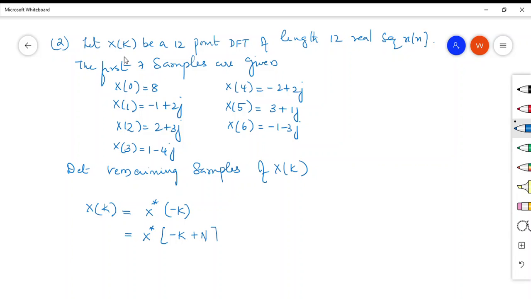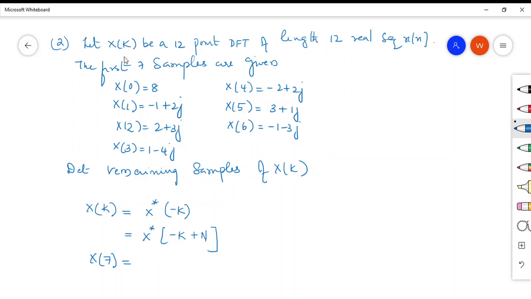Since this is a periodic sequence, you can always write X conjugate of [-k] equal to X conjugate of [-k + N], right? So you know the values of X[0] to X[6]. Now we have to find X[7].